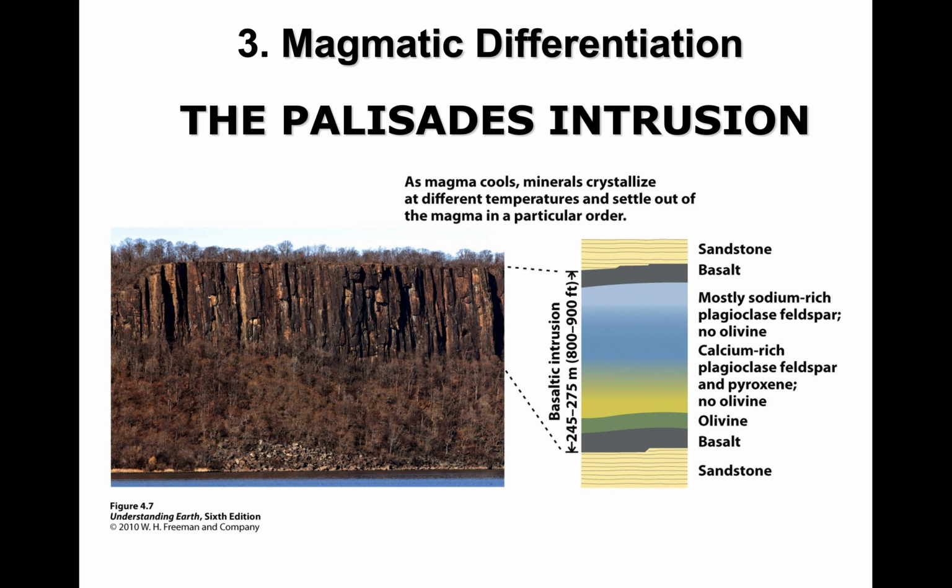And at the bottom we have olivines, yeah, and the olivines are actually formed even at higher temperatures. And below the olivine we have again the basalt, and below there we have a unit formed by sandstones.